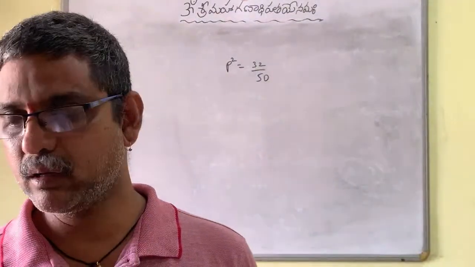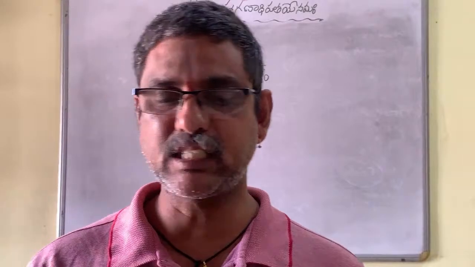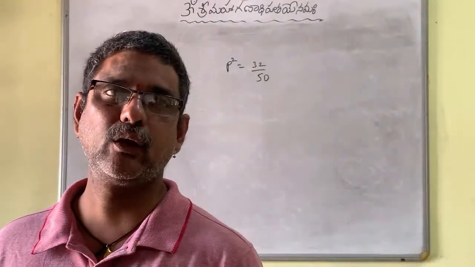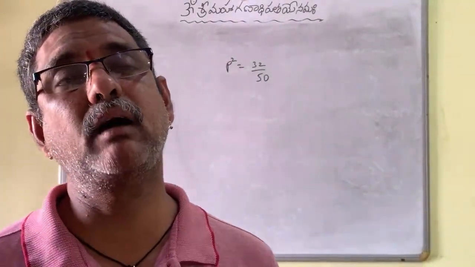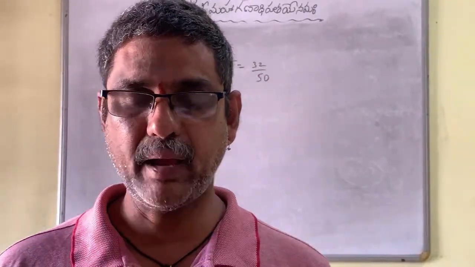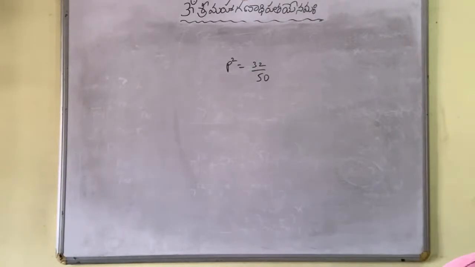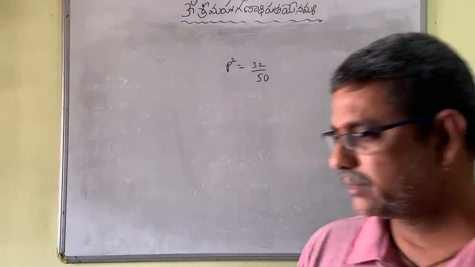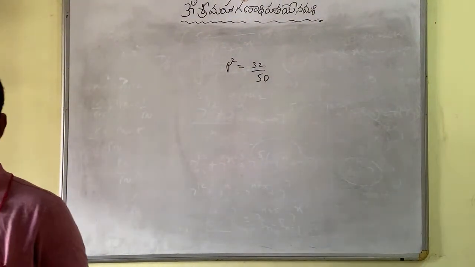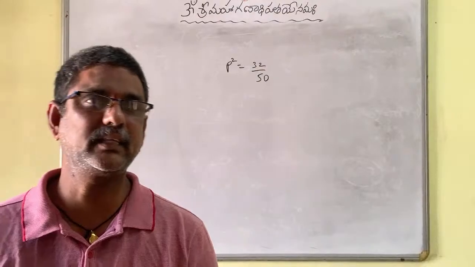Next question, number 3. What is the ratio of HCF and LCM of least composite number and least prime number? First we have to find the least composite number and the least prime number. Least means smallest.